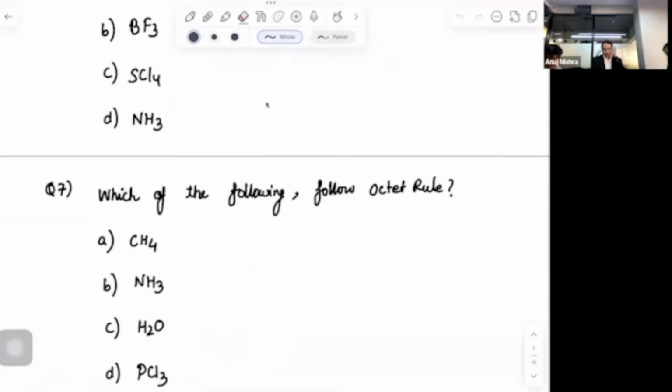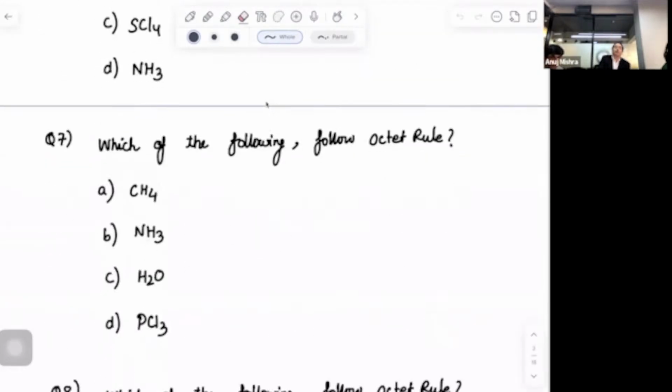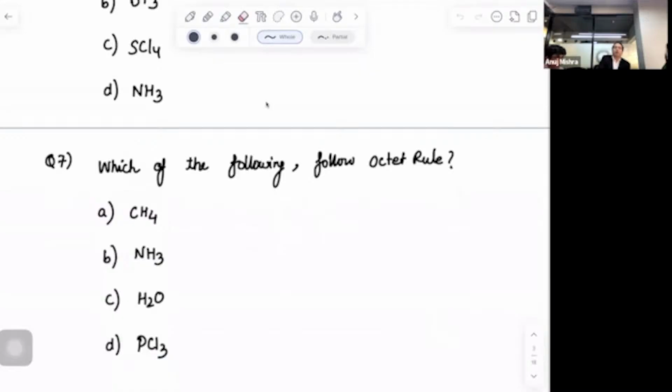Which of the following follows the octet rule? What will you do now? So now the perspective is slightly different in this case. In the previous case, you can say ammonia was the answer, so this one is also ammonia. But if you read the question and see the options carefully, hydrogen has a problem of maintaining 8 electrons.